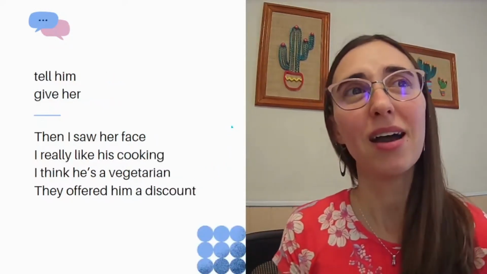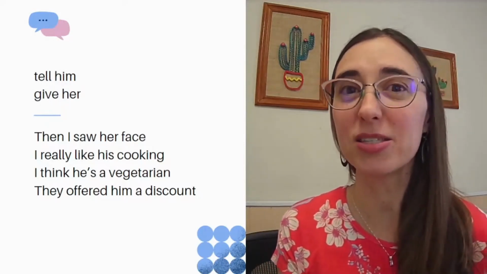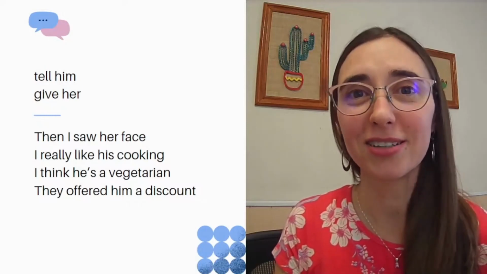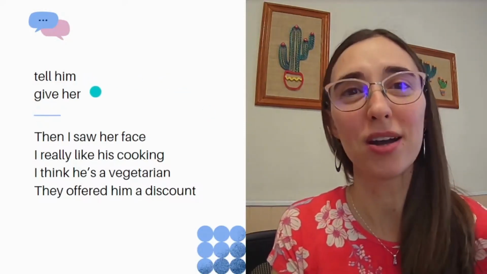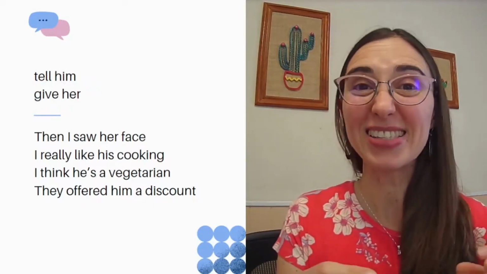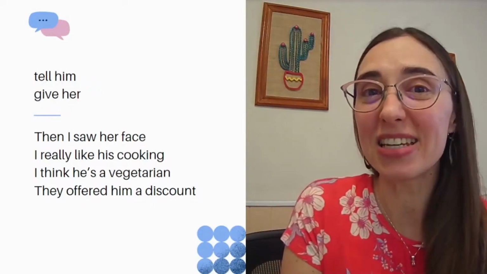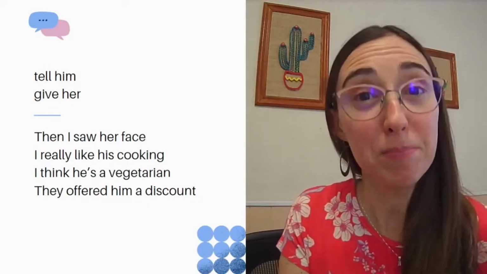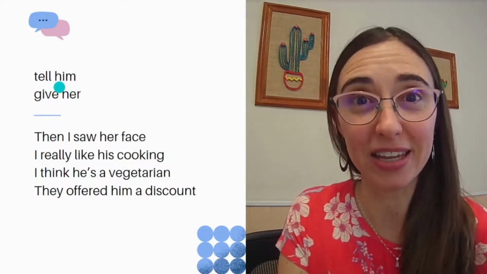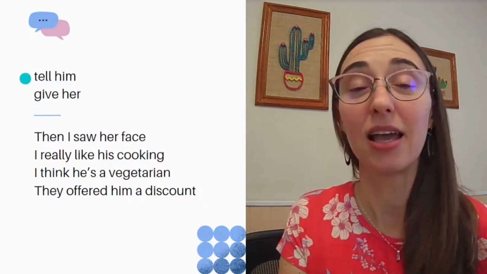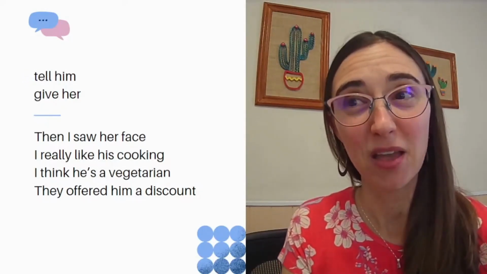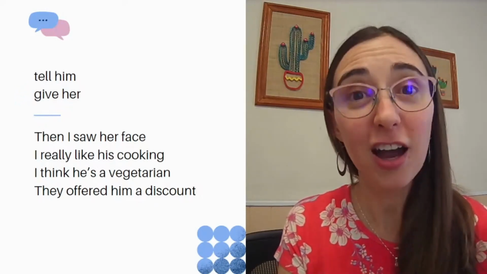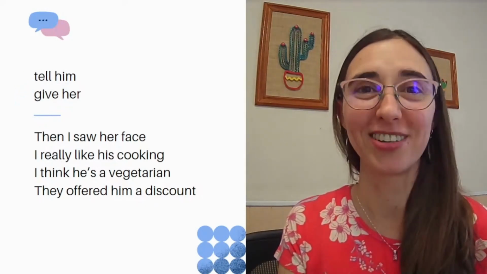The other one: have you ever heard the words him, her, he, or his pronounced as "im," "er," "e," "is"? When these words appear within a sentence and they are preceded by a consonant, many English speakers drop the H. And so "tell him" becomes "tell 'im," or "give her" becomes "give 'er."